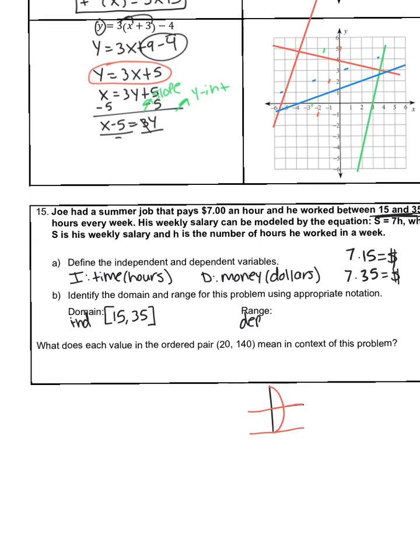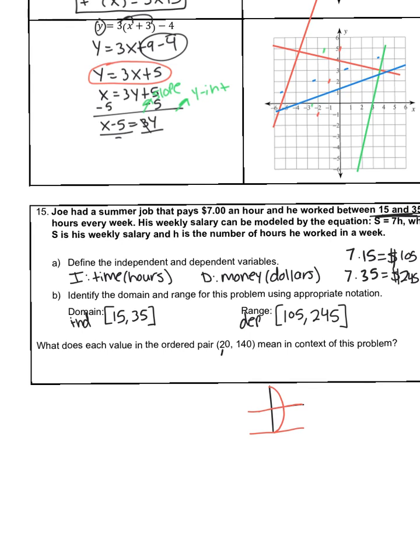So we're going to get 105 as the minimum, and 245 as a maximum. So for the range, we're going to go 105 to 245, and brackets again because I'm actually going to reach those amounts.